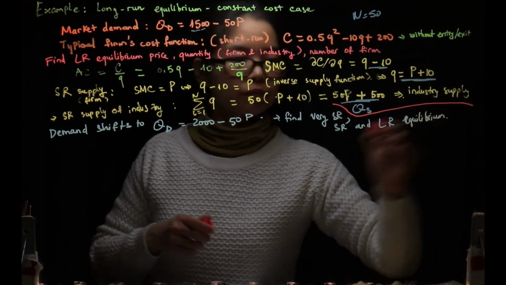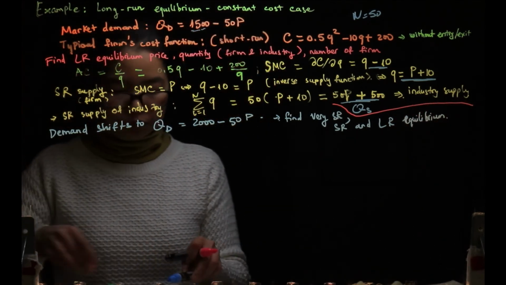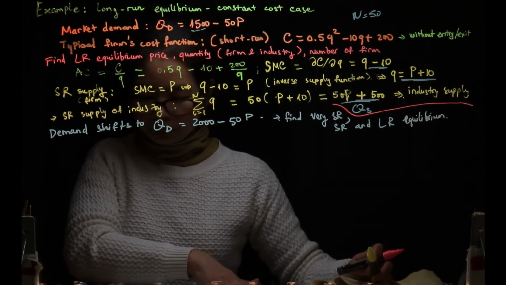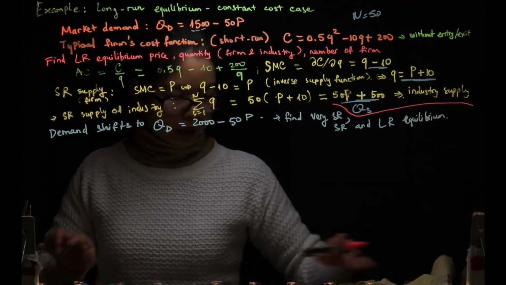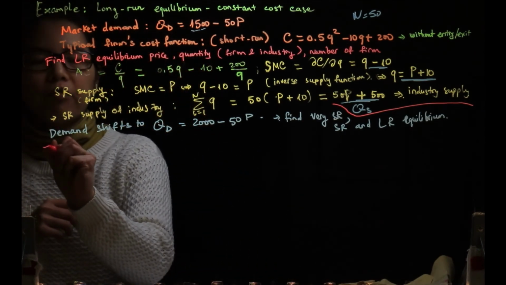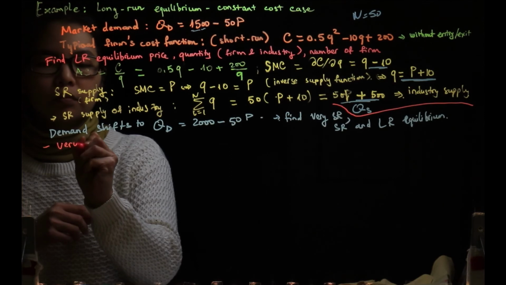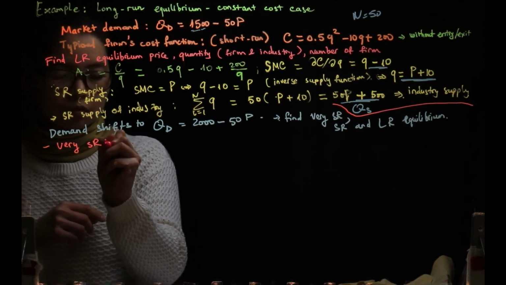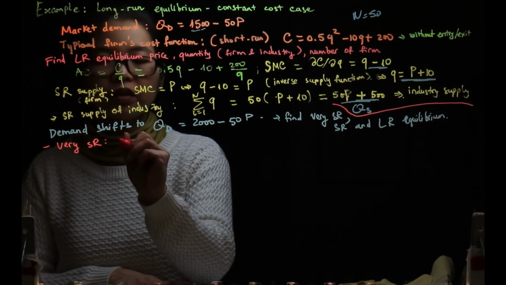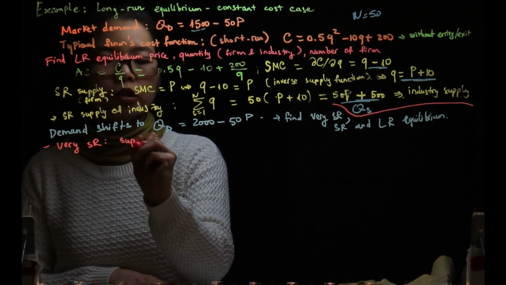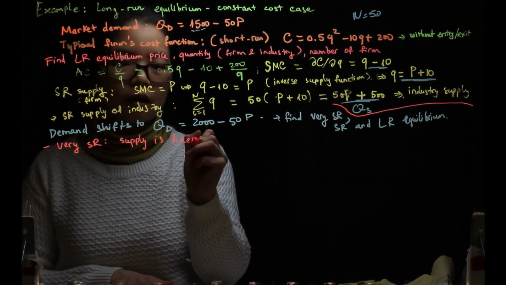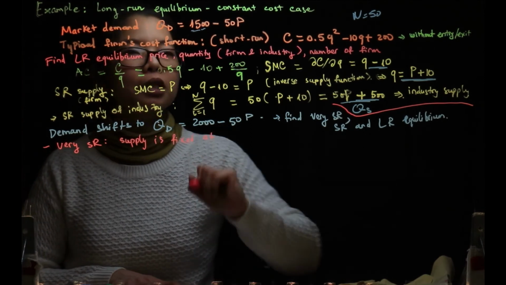Now, for the very short run, what happens? The basic assumption is that for the very short run, supply is fixed. At how much?